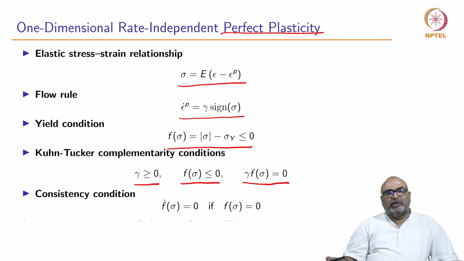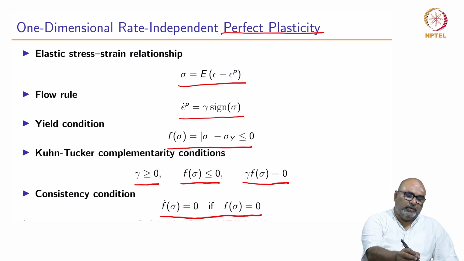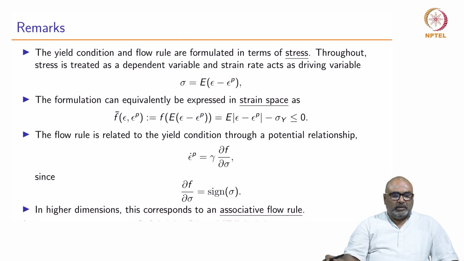The Kuhn-Tucker complementary conditions are given by γ greater than or equal to 0, f of σ less than or equal to 0, γ f of σ is equal to 0. The persistency or consistency condition is given by f dot of σ is equal to 0 if f of σ is equal to 0.